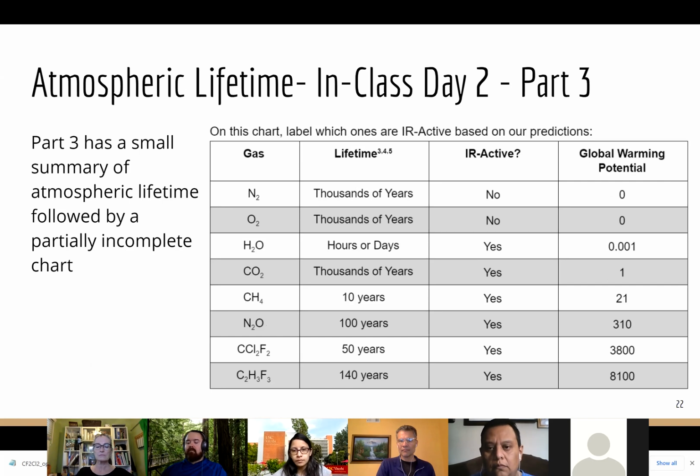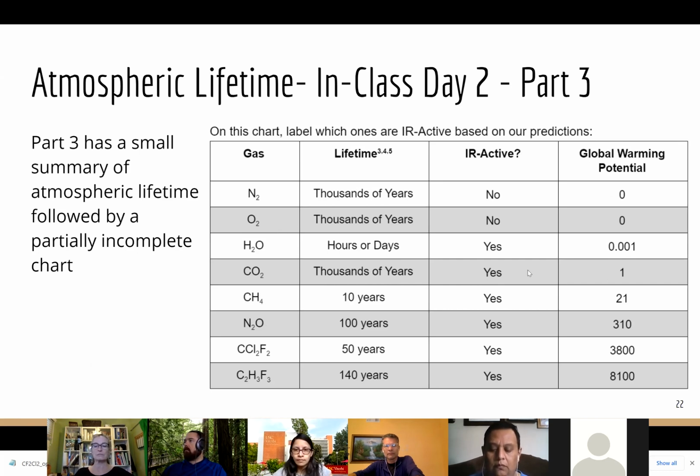And you could change the column that's IR active to strength of IR activity, for example, because we guessed water was the highest IR absorbing, but it turns out that because a single molecule only stays in the atmosphere for a day, it's got a really bad global warming potential. Whereas CO2 is able to absorb fairly similarly to water and can persist for thousands of years. So it causes a lot of global warming.